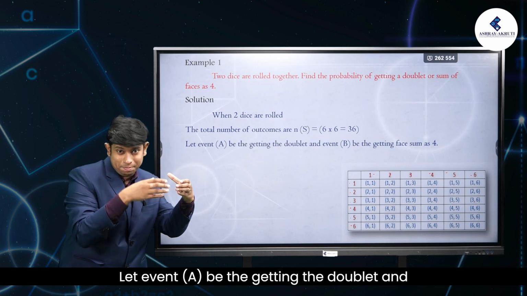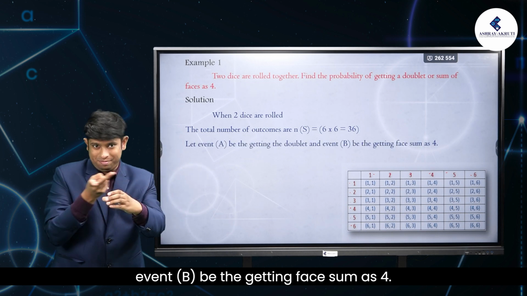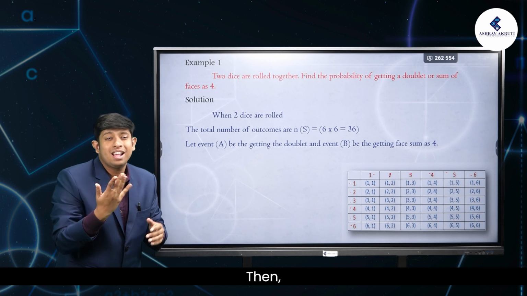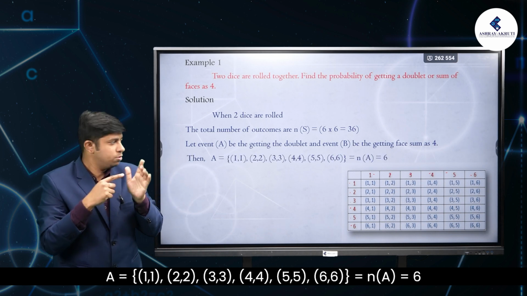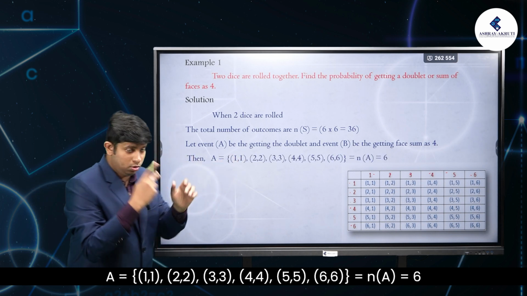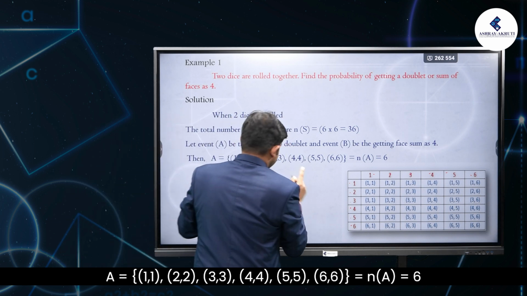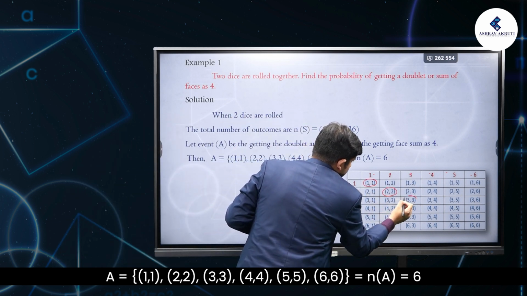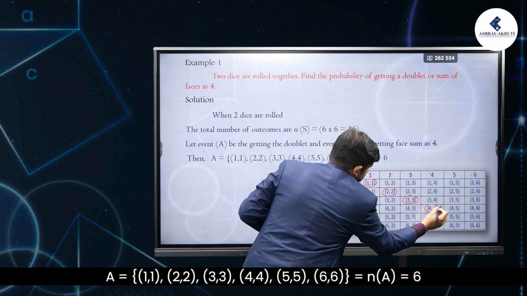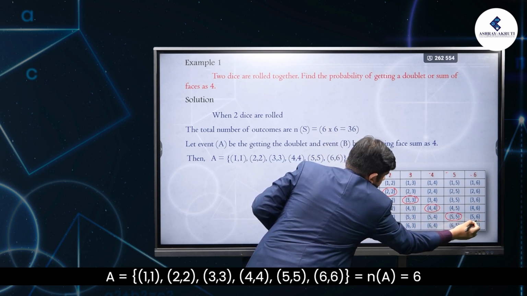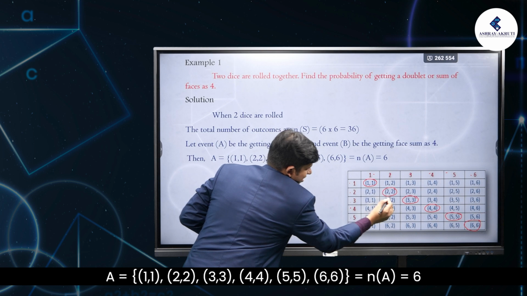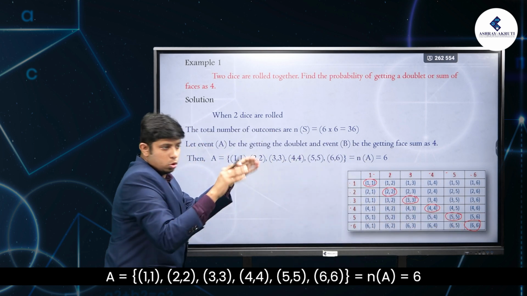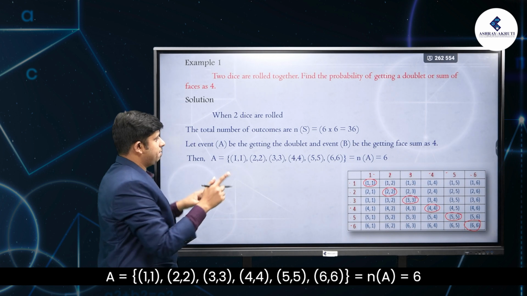Let event A be getting the doublet and event B be getting face sum as 4. Then A is equal to {(1,1), (2,2), (3,3), (4,4), (5,5), (6,6)}. N of A is equal to 6.